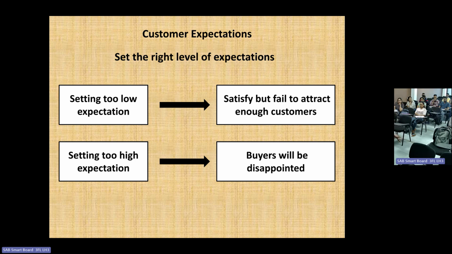Then again, from a customer's point of view, why should I buy a pair of shoes for this price for 2 months? So that means you are not attracting a sufficient number of customers, isn't it? Your intention is to make them delighted, but finally you are not attracting enough customers. So that's what we are saying. If you keep too low a level of expectations, you will fail to attract a sufficient number of customers.